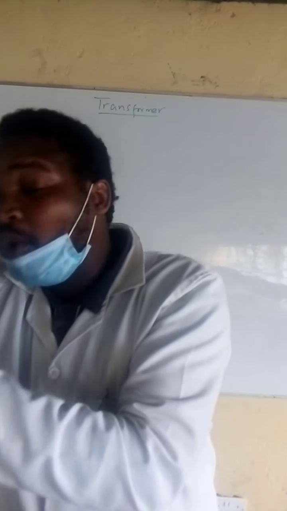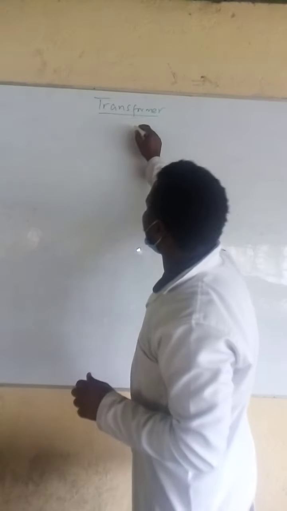So the source of power is connected to one coil which is called the primary coil. And then that electrical power which is in the primary coil, and it must be an AC, an alternating current, is transferred to the second coil which is called a secondary coil by mutual induction.